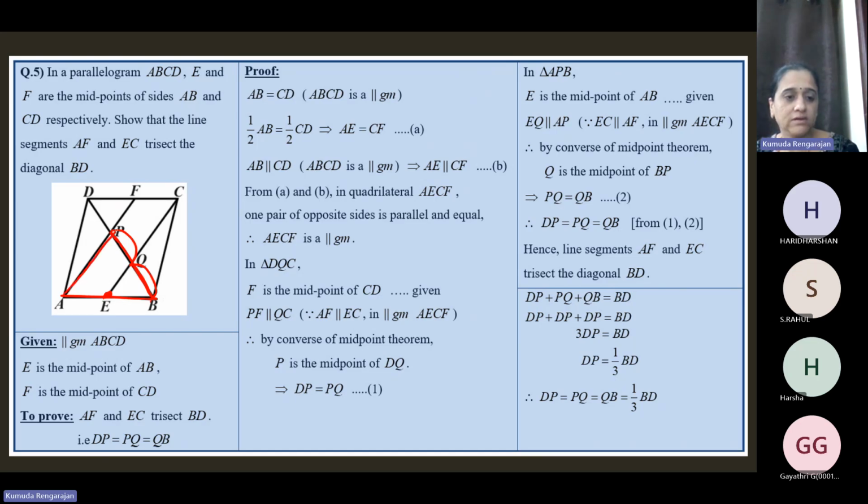In triangle ABP, E is the midpoint of AB, and EQ is parallel to AP. Therefore, by converse of the midpoint theorem, Q is the midpoint of PB. So that means PQ is equal to QB. So now comparing these two results, you will have all the three segments equal.